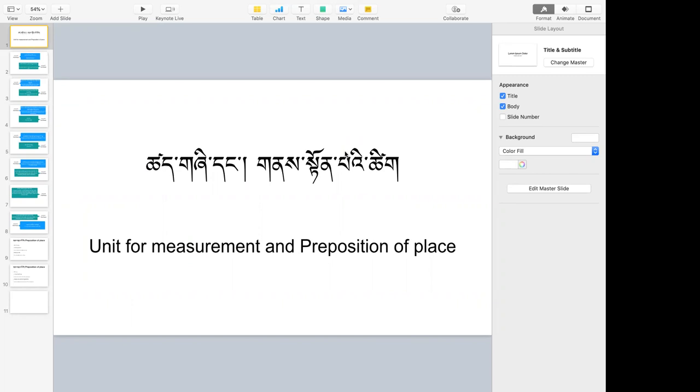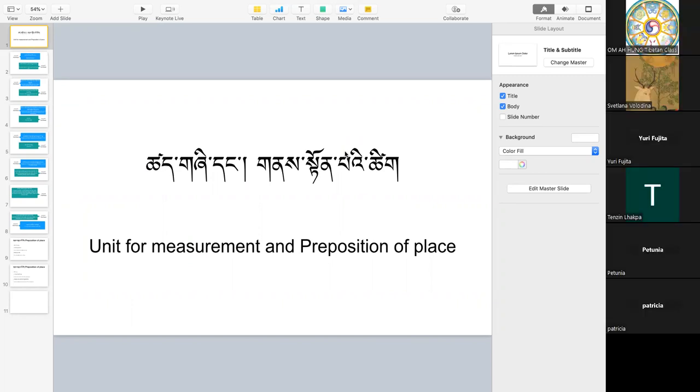Last time we were talking about the preposition of place; I will be introducing 3 prepositions of place on the side, but the main focus of the lesson will be the conversation part, which will be the dialogue.